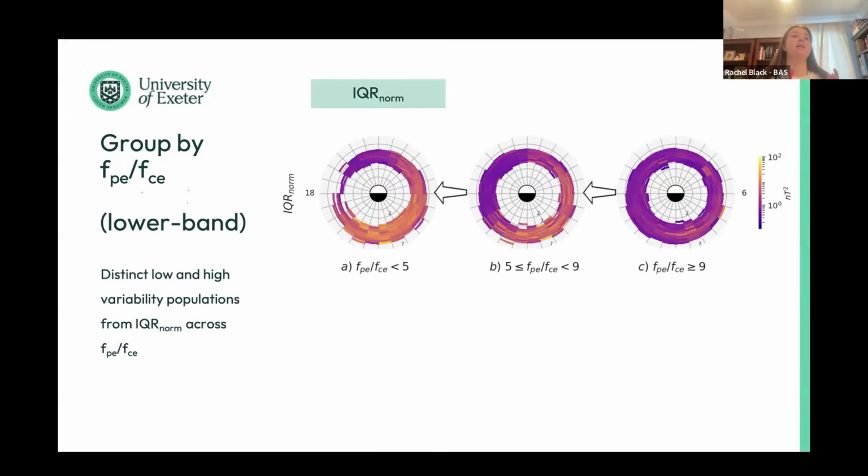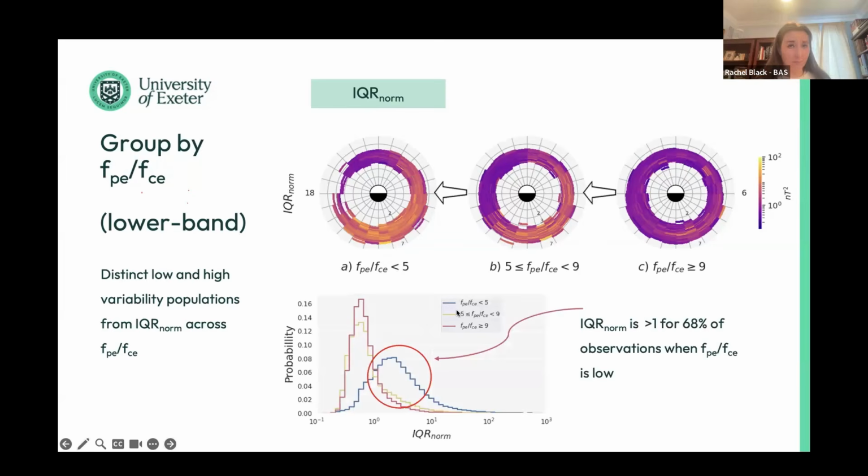And finally, if we group the normalized interquartile range by this ratio, we also see this negative correlation between the ratio and the variability of our waves. And actually, before we did see these double peak distributions when separated with activity, if we instead do the separation with this ratio, you can see that we're basically completely isolating these low variability and high variability waves.